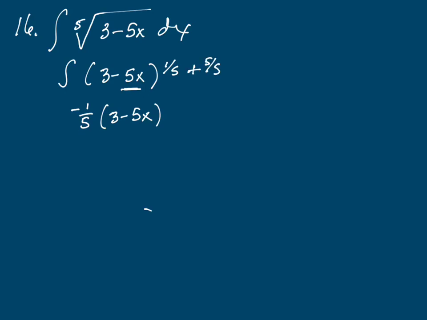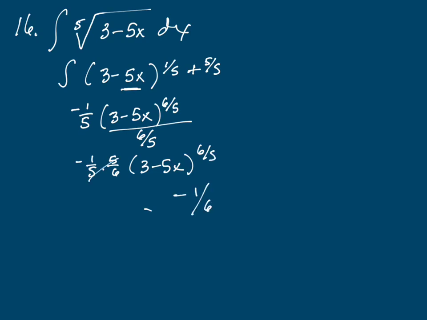So you would get to the 6/5 and over 6/5. So now I have negative 1/5 and then times 5/6, (3 minus 5x) to the 6/5. So that would just be negative 1/6, (3 minus 5x) to the 6/5. Oh, plus C. Don't forget plus C.